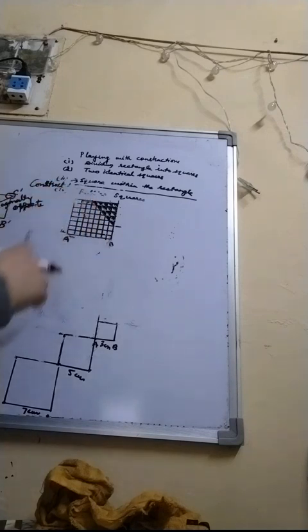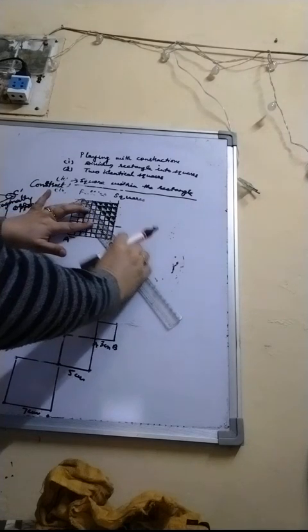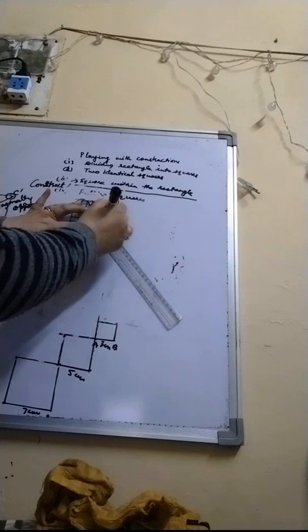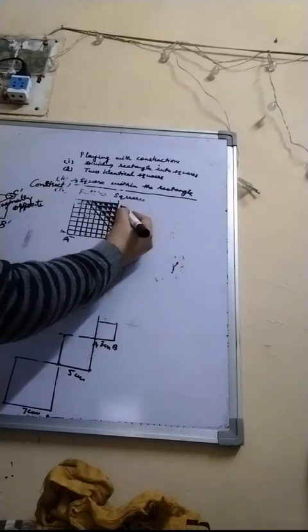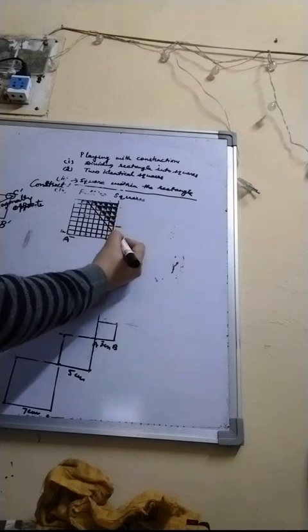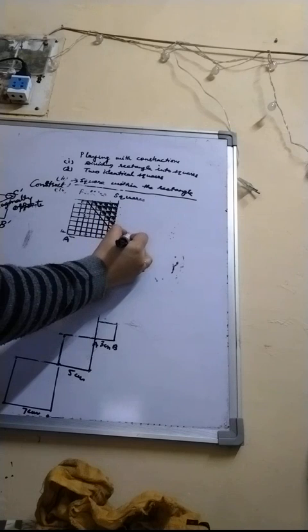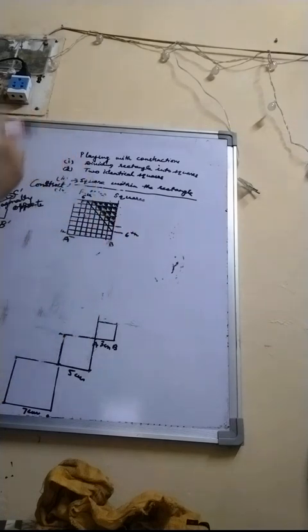Then the 6th point and the 6th point here, join the 2 points. Count the number of points here, 1, 2, 3, 4, 5 and 6th point. So this is 6th point I am joining, and 6th point here I am joining.